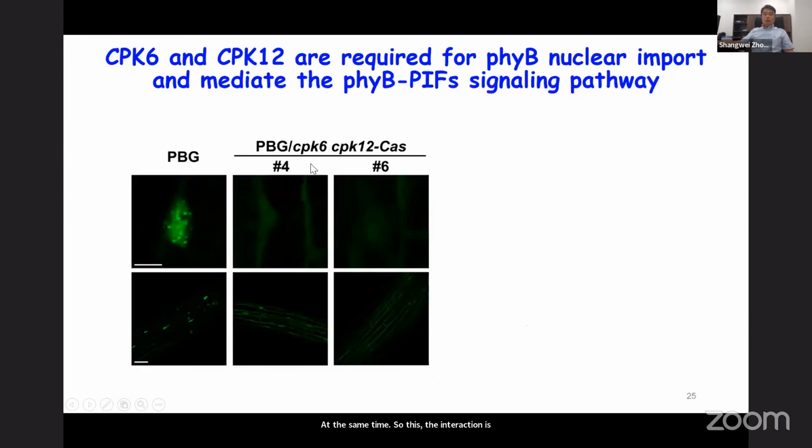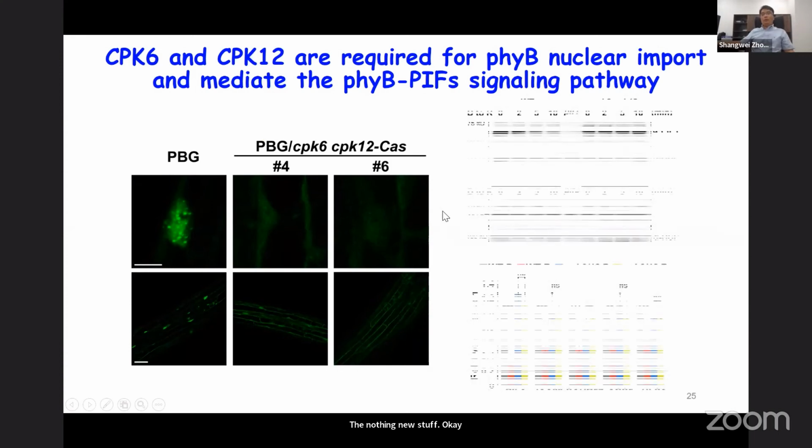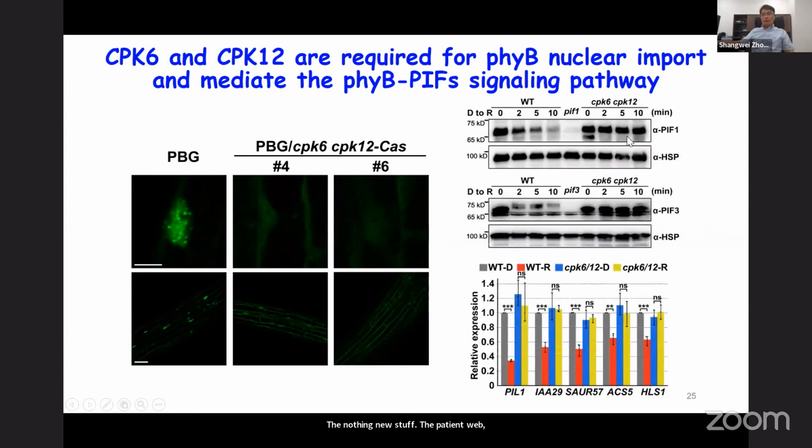We also found that when CPK6 and CPK12 are mutated, the light-induced PhyB nuclear translocation will be largely abolished. Also, the signaling pathway is repressed, like PIF degradation or gene expression. So CPK6 and CPK12 are required for PhyB nuclear import and the signaling pathway.